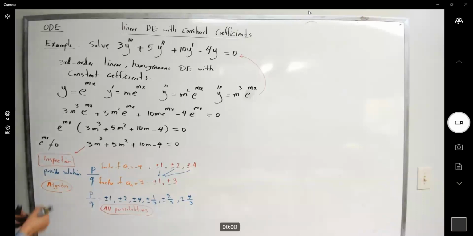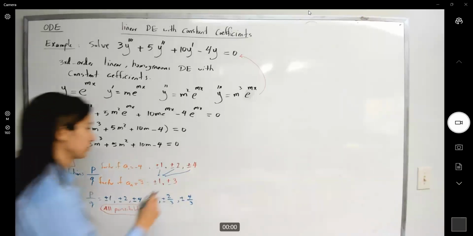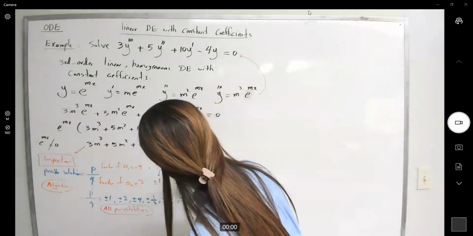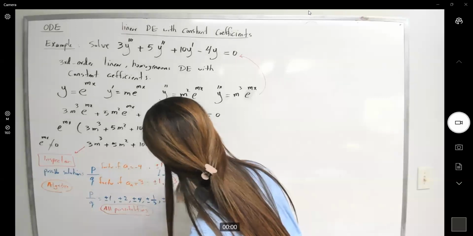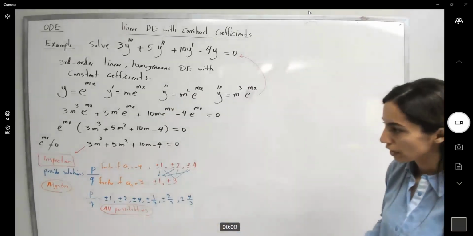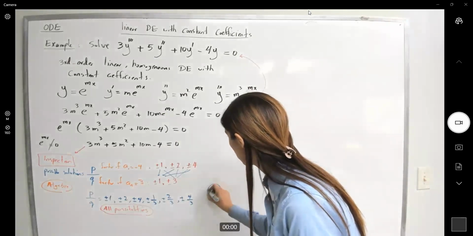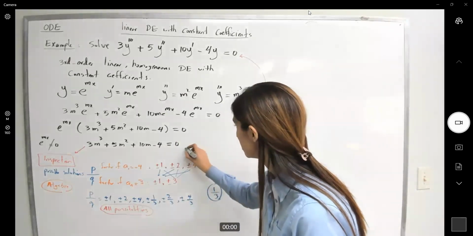So the correct answer is a third. We check all of these possible combinations, and a third is a solution for this equation.